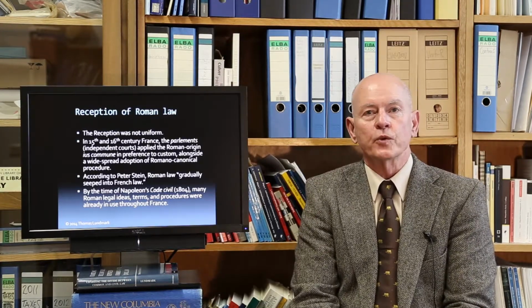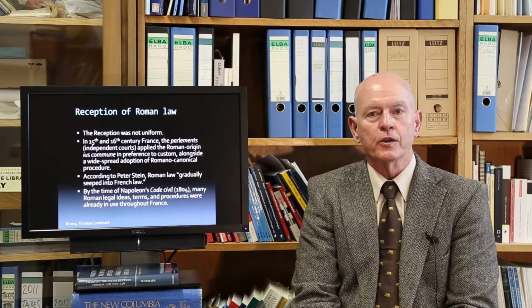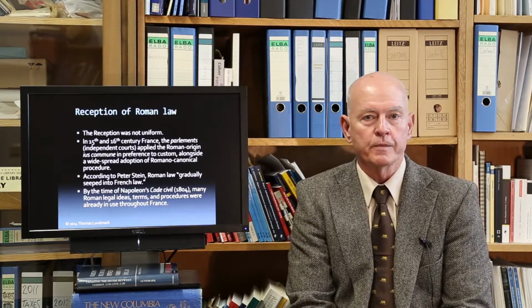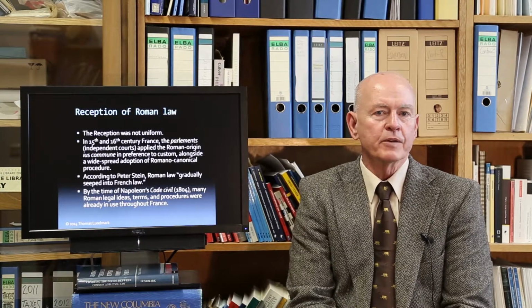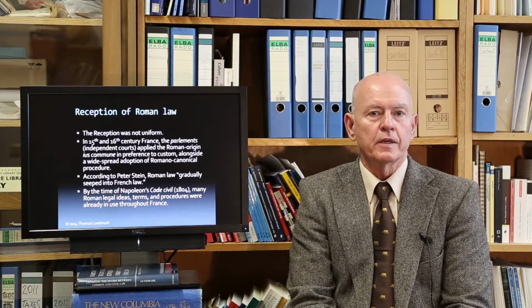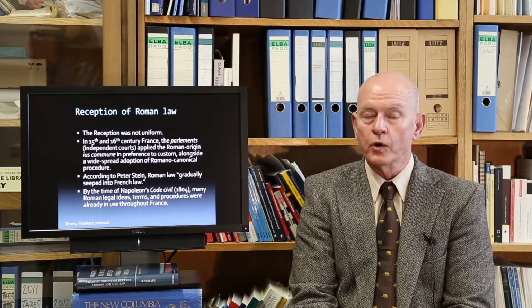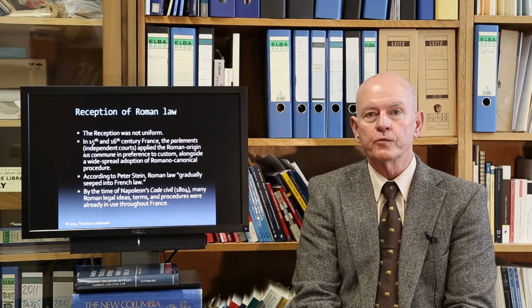According to the legal historian Peter Stein, Roman law in this way gradually seeped into French law. By the time of Napoleon's Code Civil, many Roman legal ideas, terms, and procedures were already in use throughout France.